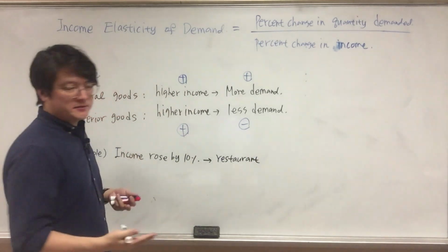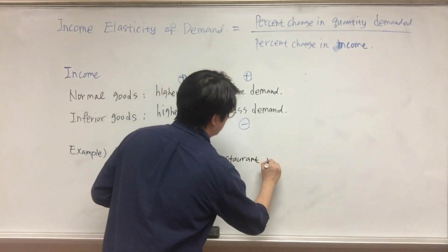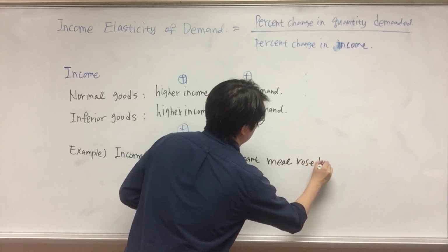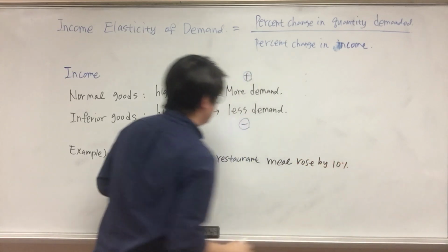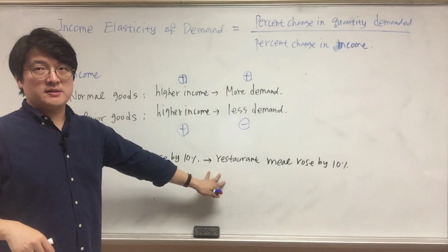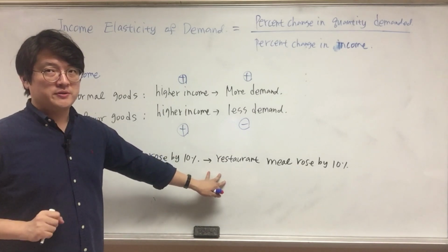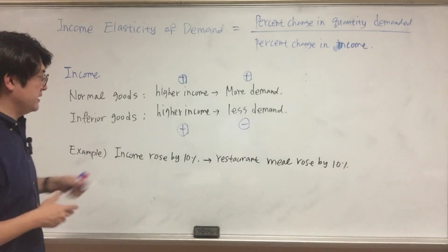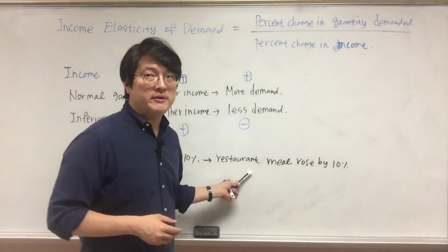So what type of good is a restaurant meal in this case? Normal goods, right? We have the same directions between income and demand for restaurant meals.